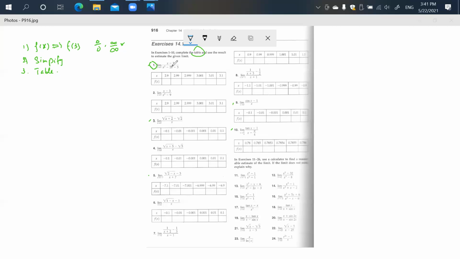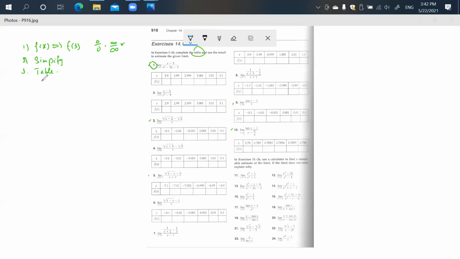Question 1: the limit of x minus 3 over x squared minus 2x minus 3 when x approaches 3. The question is very small here, but it may be bigger. First, you do the first step.